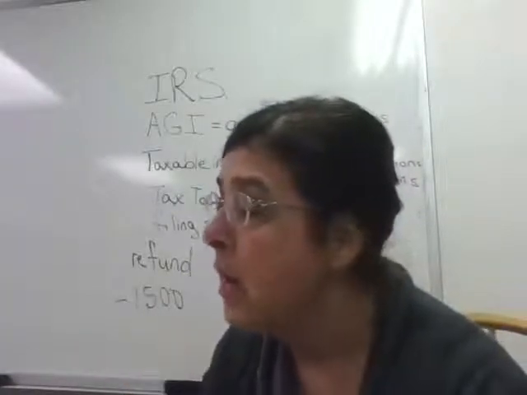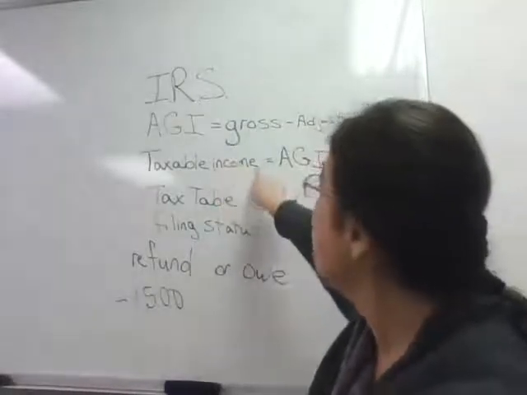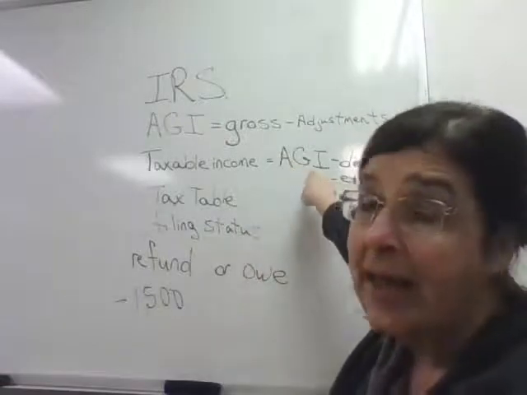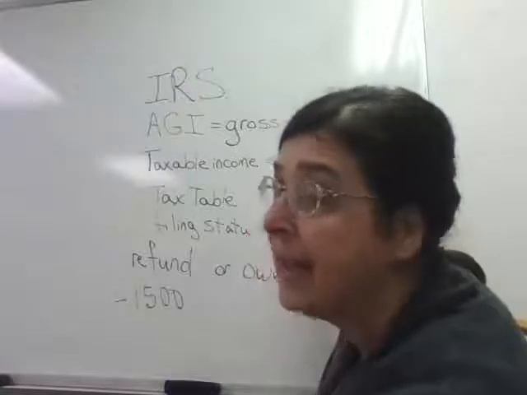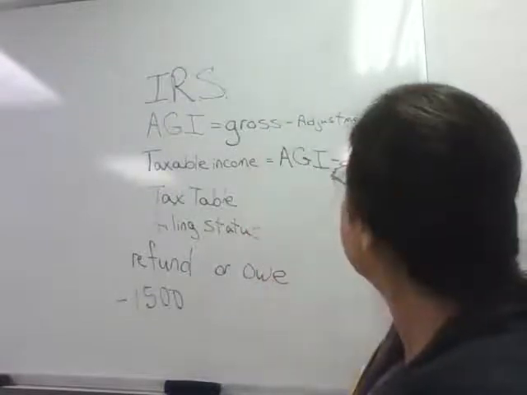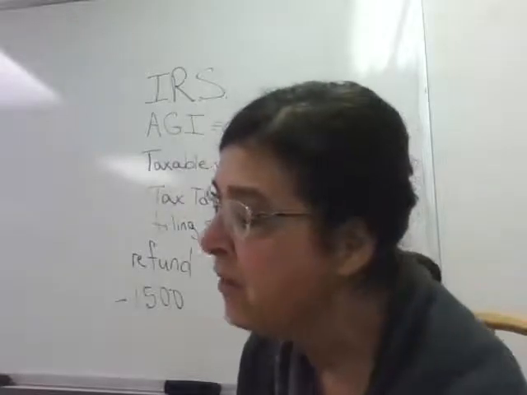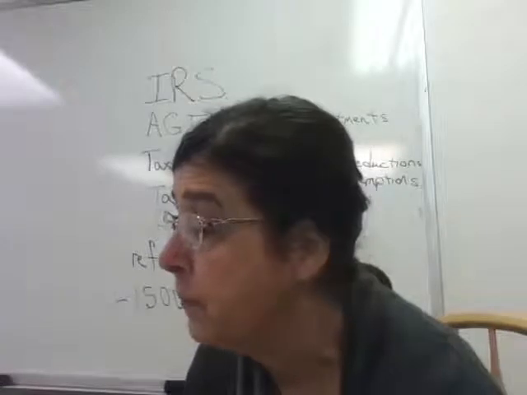Then we need to find the taxable income. To find the taxable income, you already have the answer plugged into your calculator for the AGI. Now subtract the other 2 numbers, the exemption and the deduction. Minus deductions and exemptions, which would be minus 2,500 and minus 3,900.